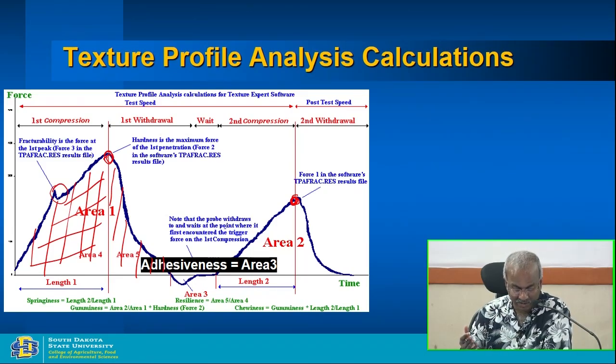Did I say that correctly? It's not even here. Okay, I will show you in the next slide. The adhesiveness is A3. This is the area under the adhesiveness, and so we'll go one by one here.